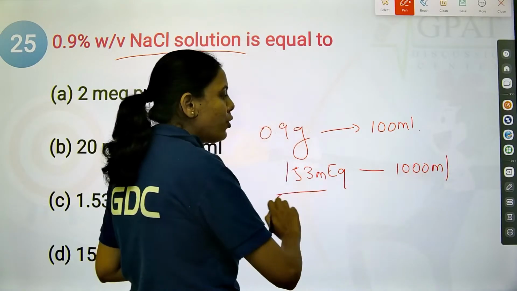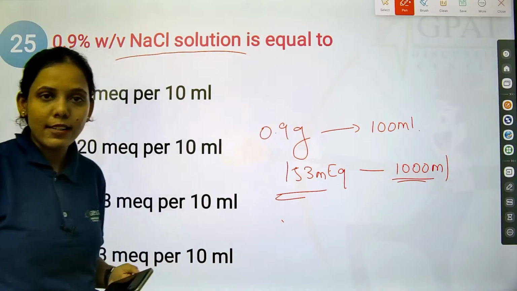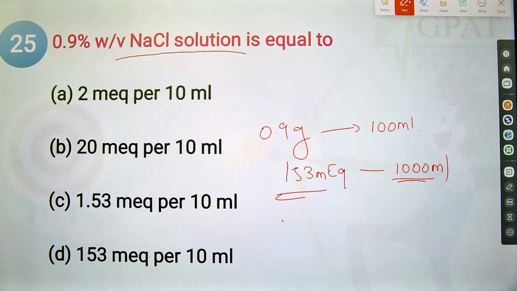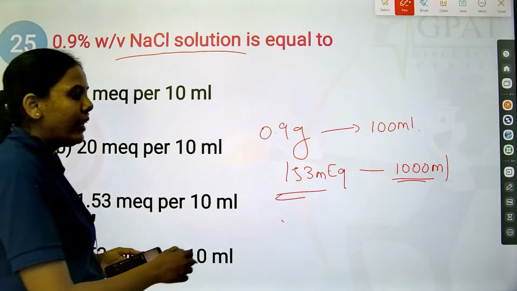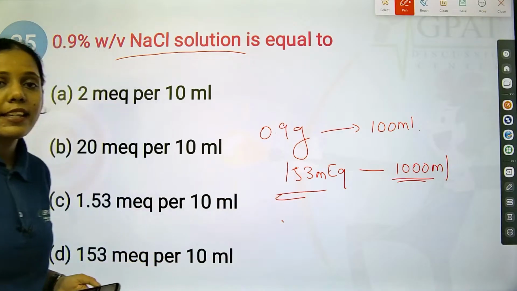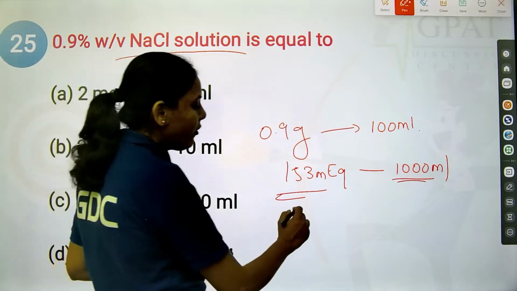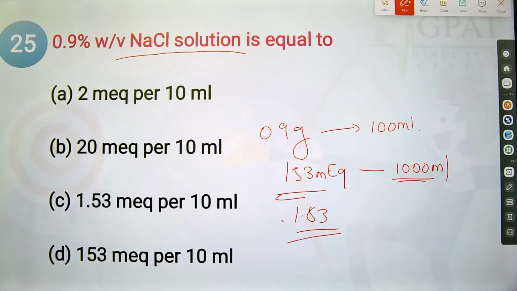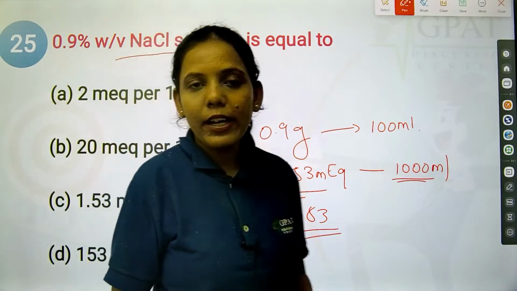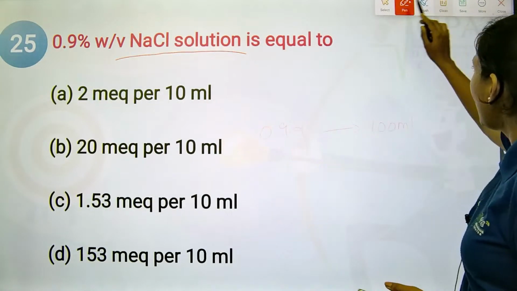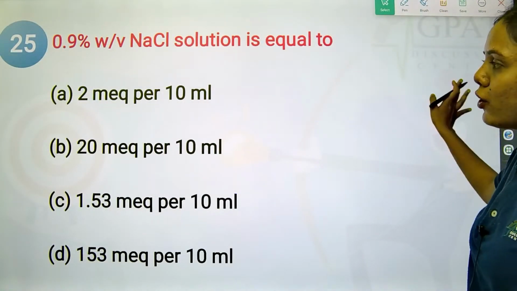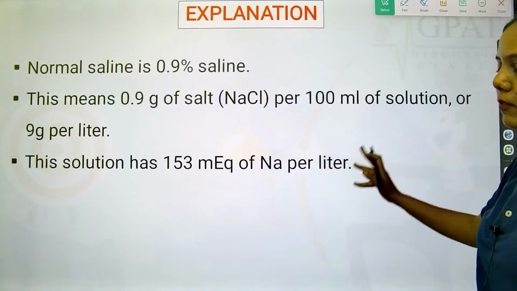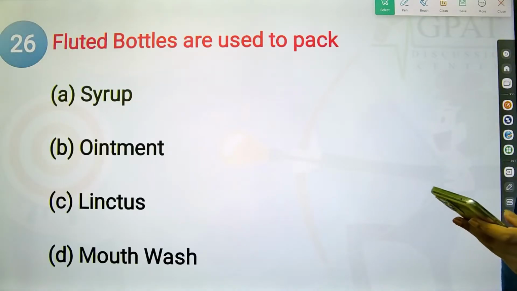Along with this, you have to see what they are asking. Definitely 153, but here they are asking 10 ml. So if you calculate, it will be 1.53. In option C, 1.53 milliequivalent per 10 ml. So that becomes the isotonic with the biological fluids. So that is the right answer.